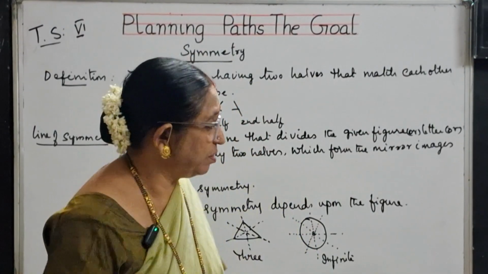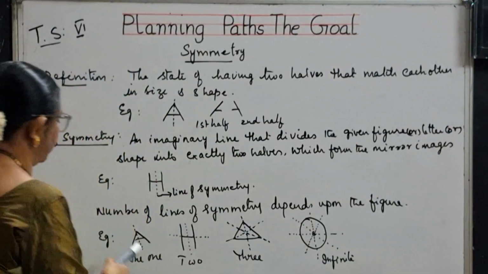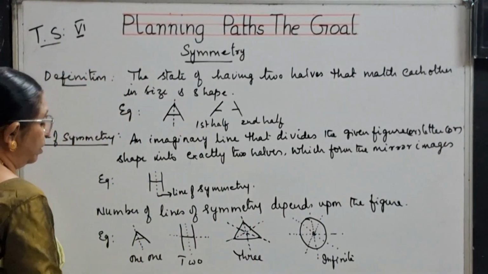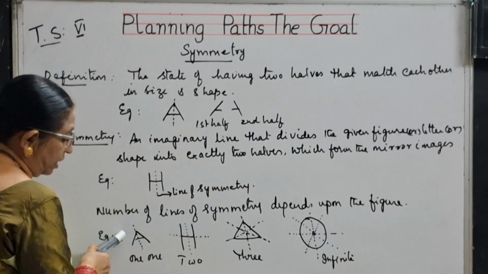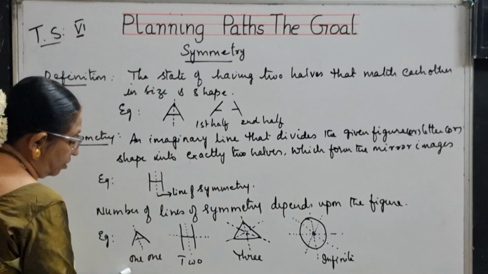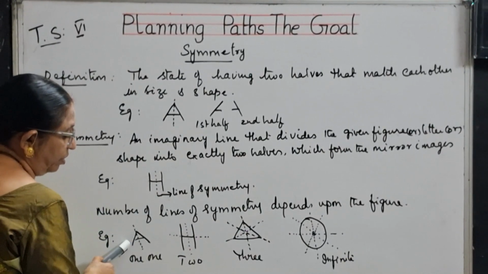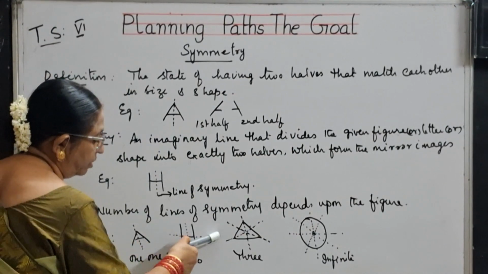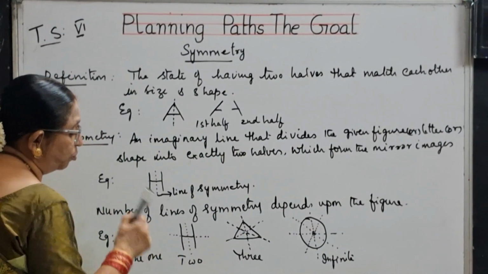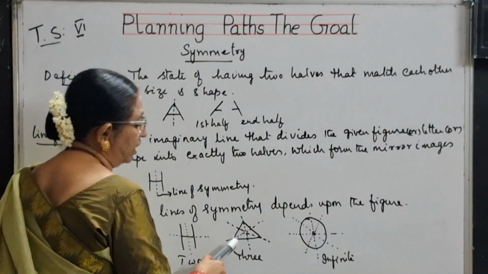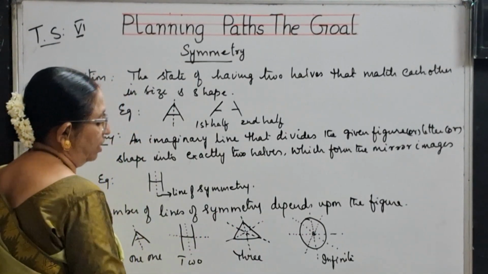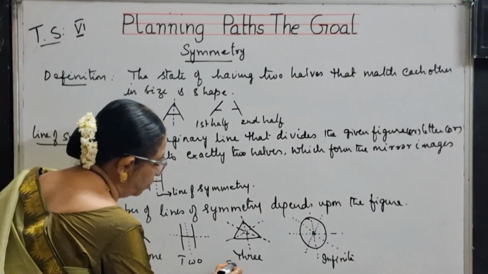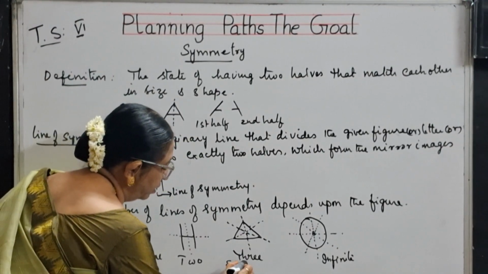So the number of lines of symmetry depends upon the figure. For example, I have taken letter A, it has got only one line of symmetry. Letter H, in this way also it divides into two, and in this way also it can be divided into two parts. And this is an equilateral triangle.